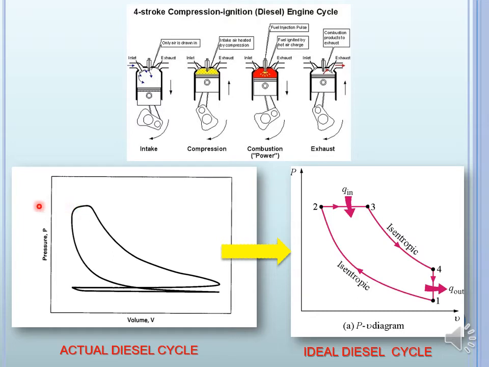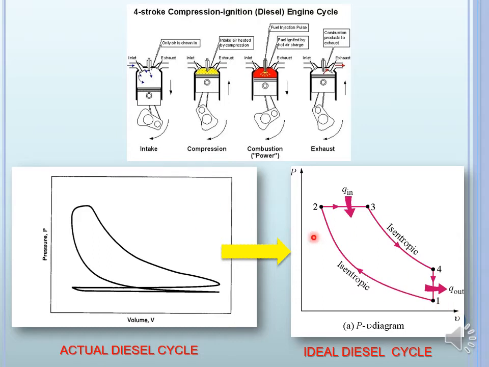for the combustion stroke. Okay, so by using the air standard assumption, we simplify the PV diagram of the diesel engine. So this is the ideal diesel cycle PV diagram.